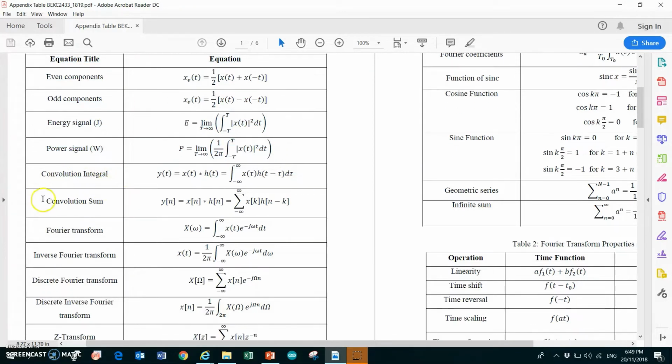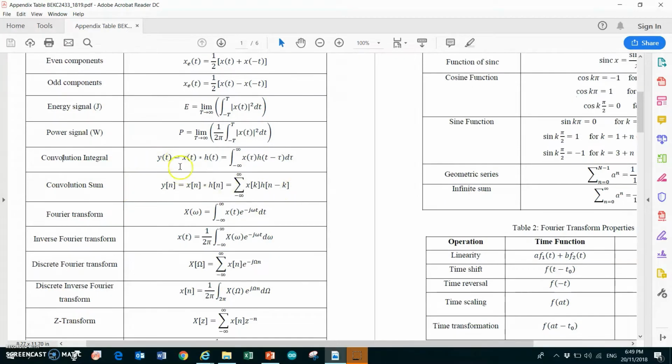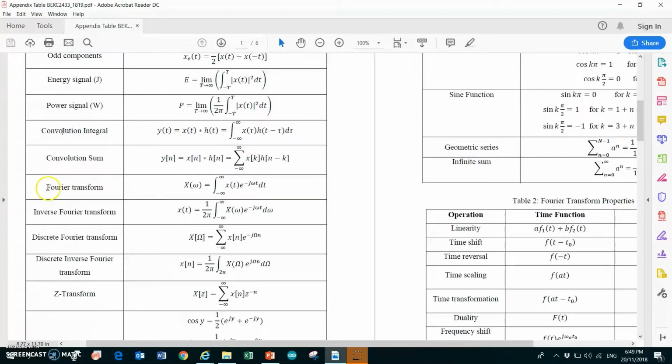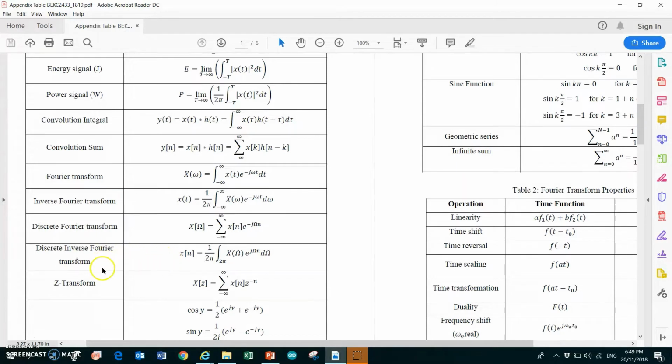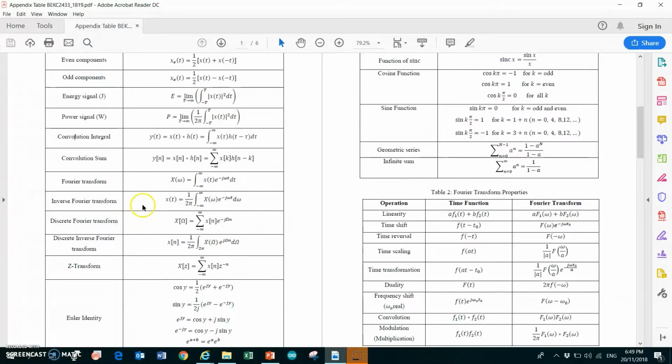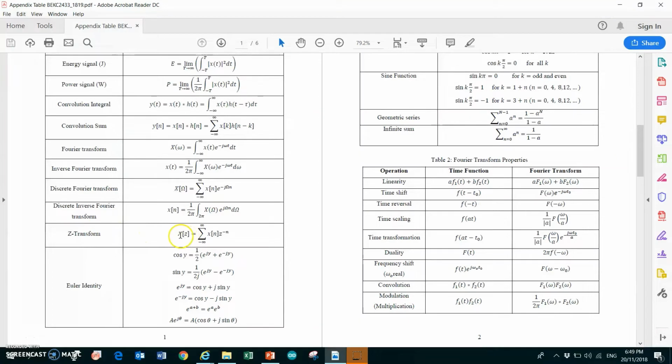Convolution integral and convolution sum are the equations used in chapter 2. Then you have the Fourier series, Fourier transform and inverse Fourier transform, and discrete time Fourier transform, which are used in chapter 3. Next will be the Z transform.